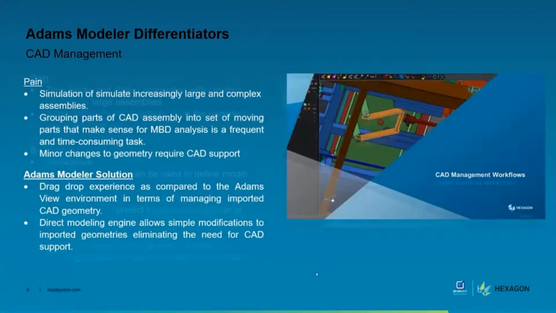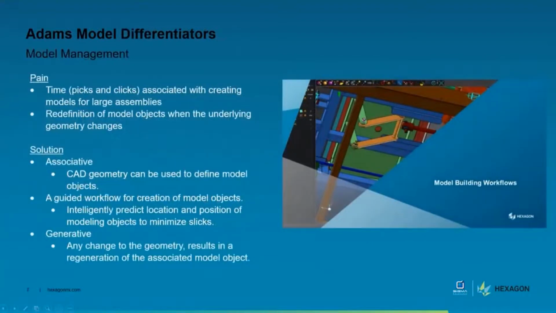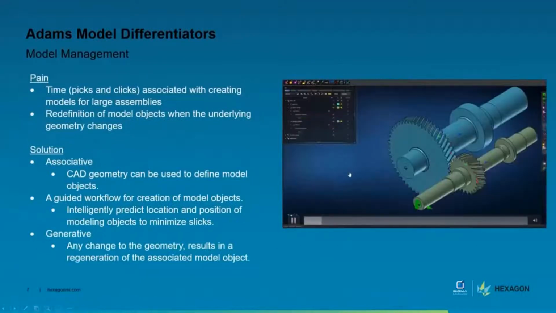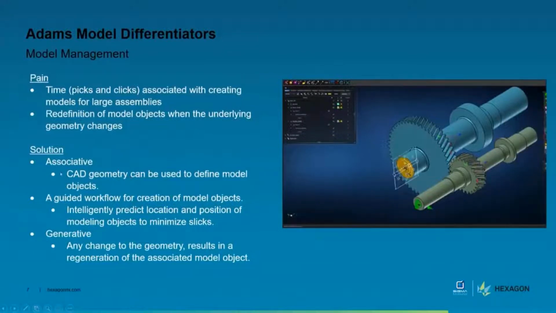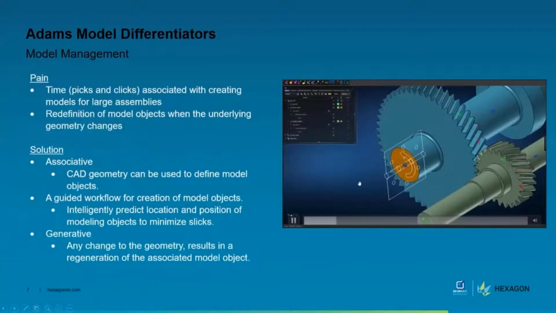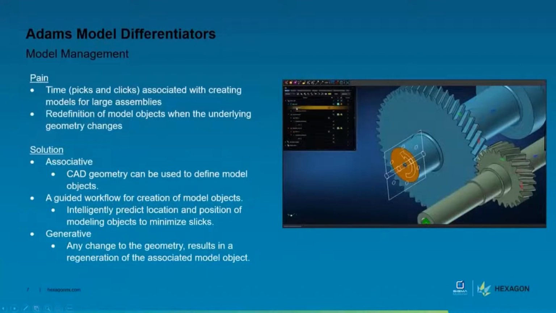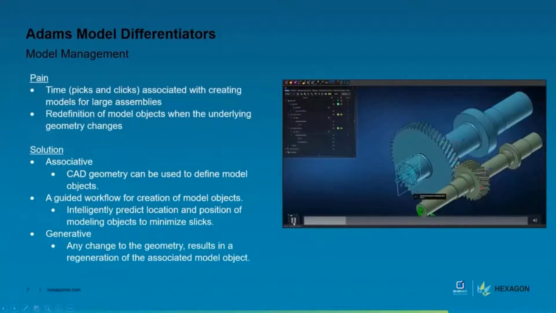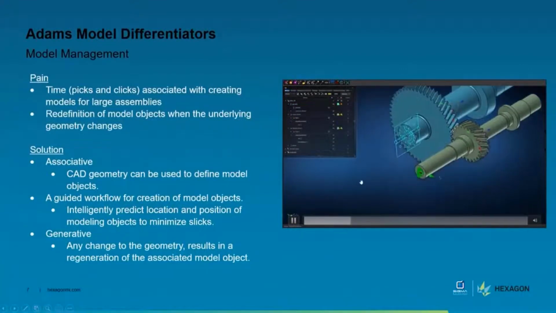So again, if you look at model management, it's basically the time for modeling. That was the issue. Now with this technology, we are able to quickly create a lot of connections. It identifies the geometry very easily.